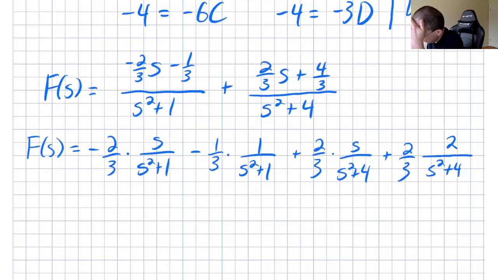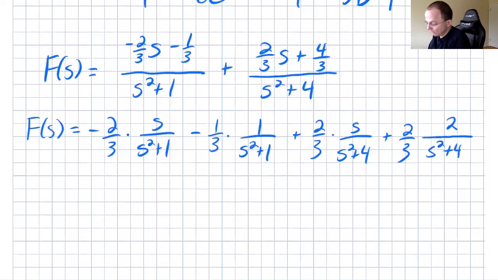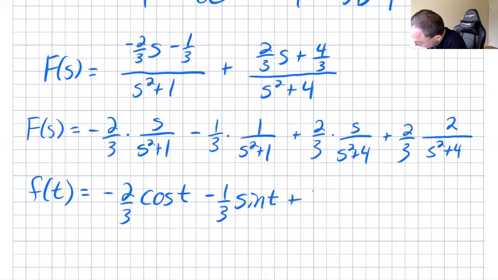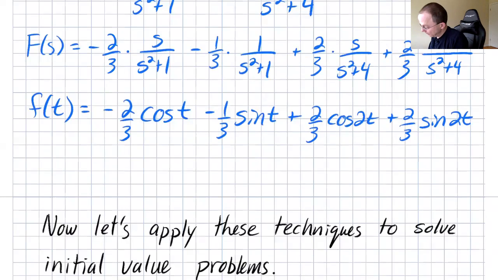So notice that, just checking again, 2/3 times 2 is 4/3. So we've done the right thing. So now we can write down the inverse Laplace transform. We get -2/3 cosine t minus 1/3 sine t plus 2/3 cosine 2t plus 2/3 sine 2t.